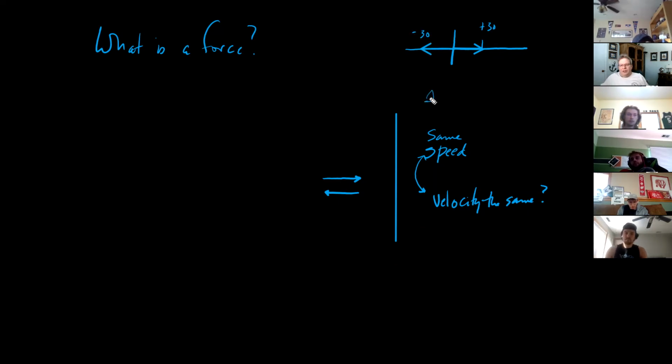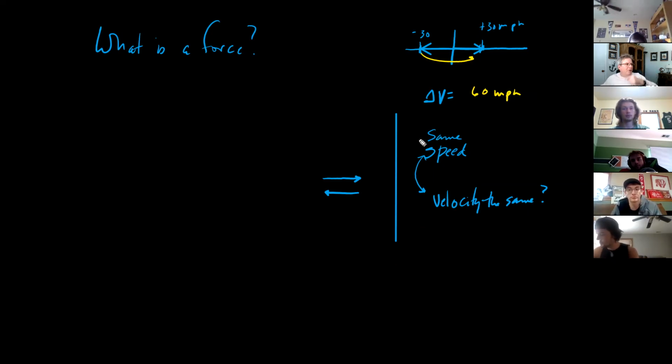So what is the change in the velocity if those are both in miles per hour? How different is this and this? 60 miles an hour. Right? The difference is 60 miles an hour. The speed's the same, 30, but it's going in a completely different direction. It means it's changed by twice the speed.